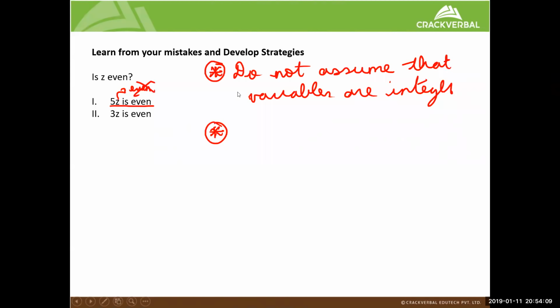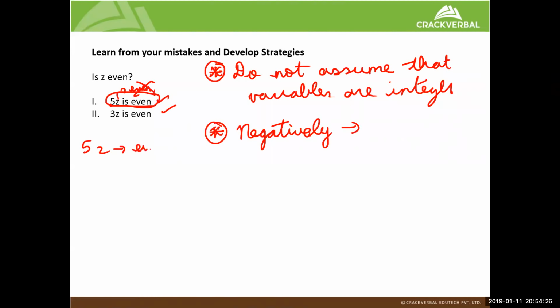The second: always have a negative mentality, right? Always think negatively. What do I mean by think negatively? Somebody asked it previously. I think Raghavendra, you asked that.